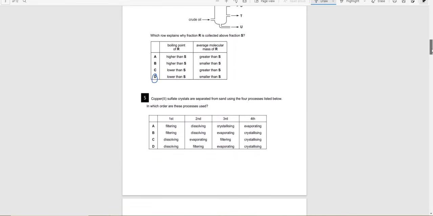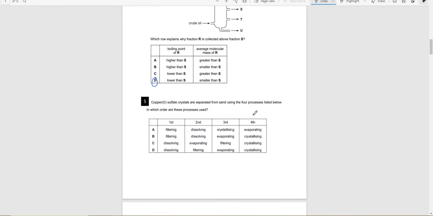Question number 5. Copper sulfate crystals are separated from sand using the 4 processes listed below. In which order are these processes used? Okay. So we have copper sulfate and sand together in solid form. Copper sulfate is soluble and sand is insoluble.